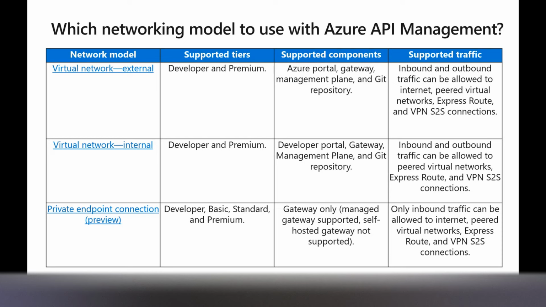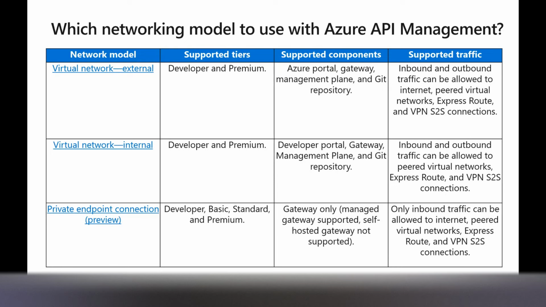At the same time, APIM can call the backend services inside the VNet, peered VNet, or on-prem through ExpressRoute or site-to-site VPN. Once again, this is only supported for developer and premium.